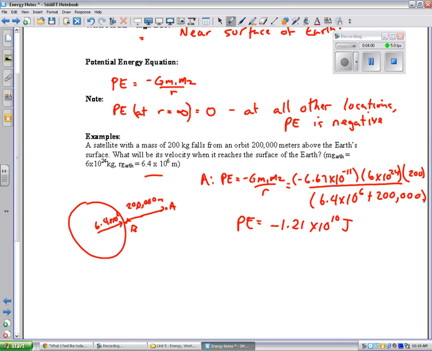And we're going to assume it starts from rest there, so its kinetic energy is 0. So our E total is negative 1.21 times 10 to the 10th joules.